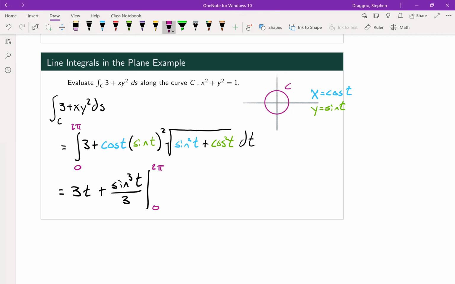So we're not going to have to worry about that sine cubed at all. Instead, we'll just look at 3t, plug in 2 pi, and we'll get 6 pi, and plug in 0, and we'll get 0. So 6 pi minus 0 plus 0 for that other term means that that whole thing shakes out to just 6 pi.